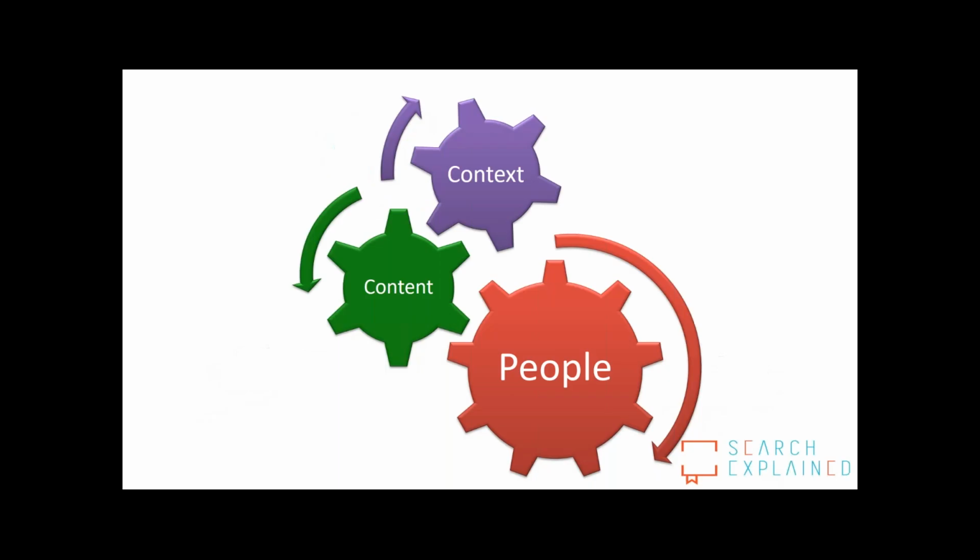When we talk about the content and when we talk about search, the people, the content, and the context always have to go together, and this has to be respected and supported. So you have to consider who will be searching for what content in which context and how they will do this search.